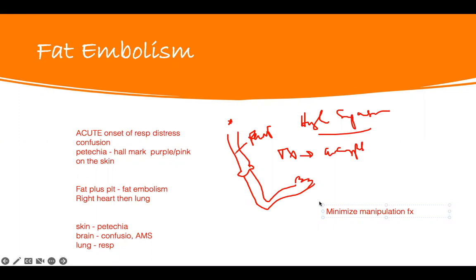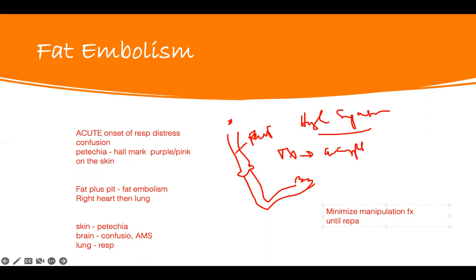That's why you don't move it. If they have a femur fracture, we try to splint it as much as possible. Too much movement will release the fat into the bloodstream, and it goes into the lung and then embolizes to the rest of the body, and it becomes a problem. So we try to minimize movement of the fracture until repair is done.